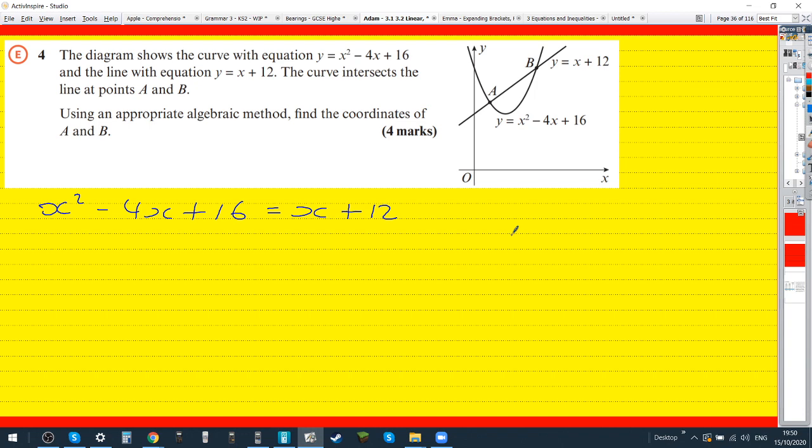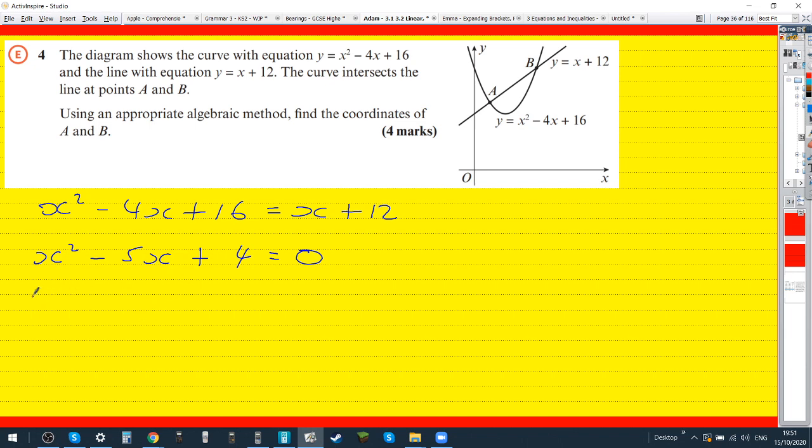Yep. So you minus x on both sides, which will give you x squared minus 5x plus 16, and then minus 12 on both sides. So it'd be x squared minus 5x plus 4 equals 0. And then you put that into the calculator.